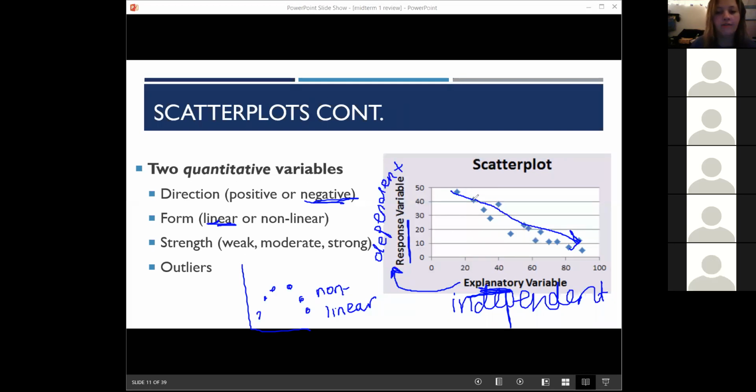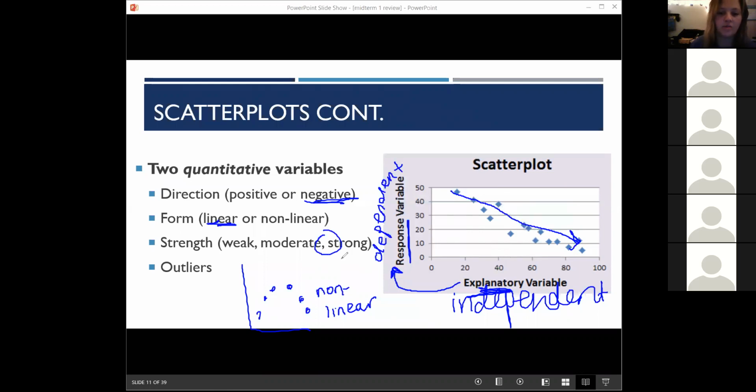Our main categories show us the strength. If they're weak, then they're going to be really spread out. Moderate, they're pretty close together. And then strong, that's going to be that they're really, really close together. So this one I'd consider in between moderate and strong, because it's not completely lined up, but it's definitely pretty close.